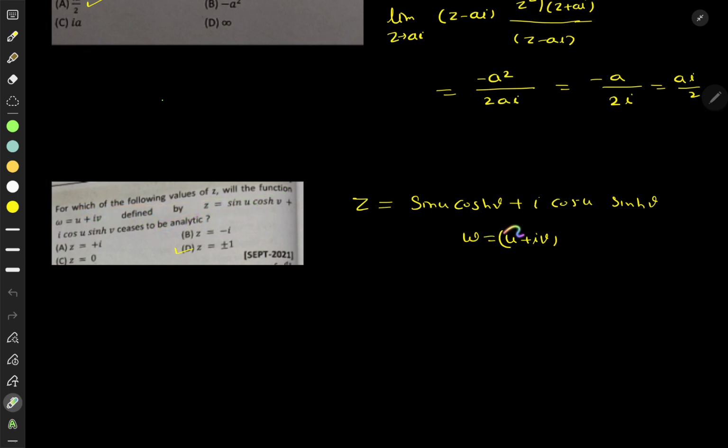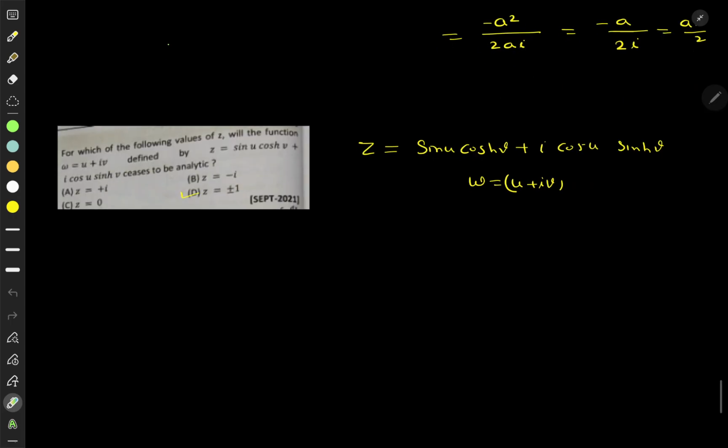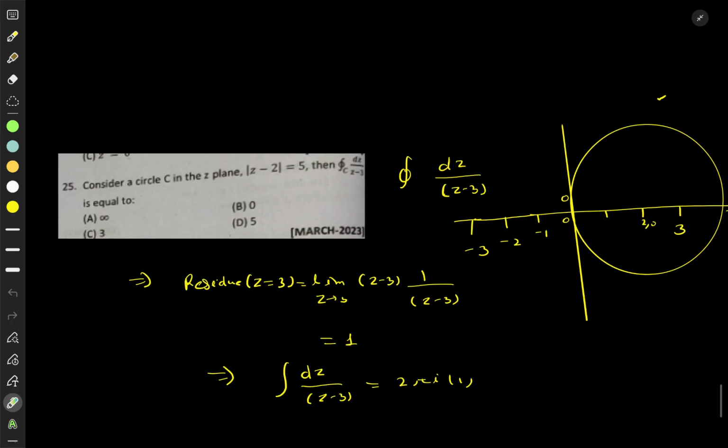So to be analytic, z equal to plus minus 1 for a hyperbolic complex function.